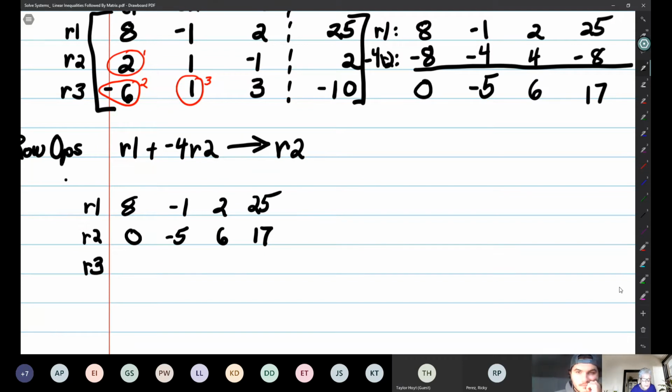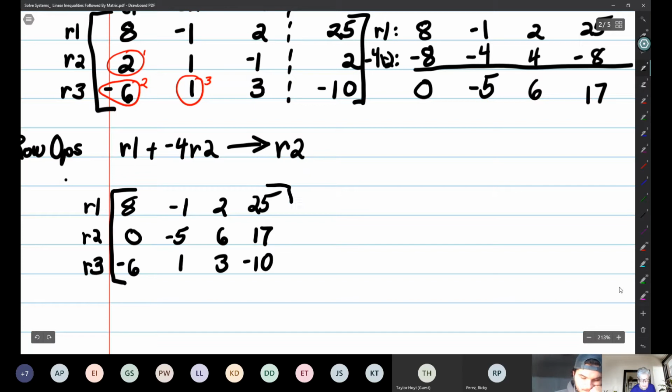And the original row 3 stays the same. Okay, boom, boom, boom, boom, boom, boom. We now have ourselves a new matrix.